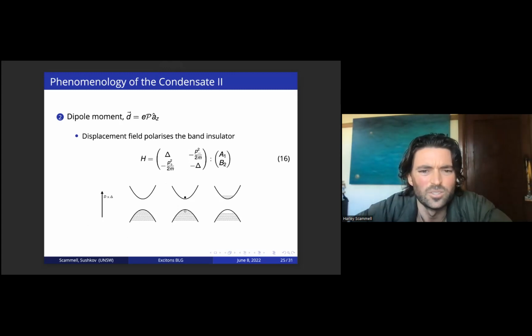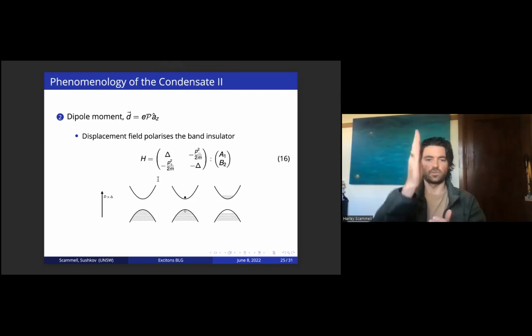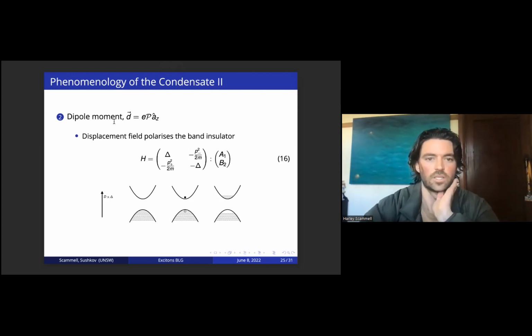And so what we have at our disposal is that this displacement field acts on this bilayer graphene to create a polarization, a sort of dipole layer between the 2 layers. So considering just the band insulator regime, you can see that, okay, chemical potential 0, so we completely fill the valence band.